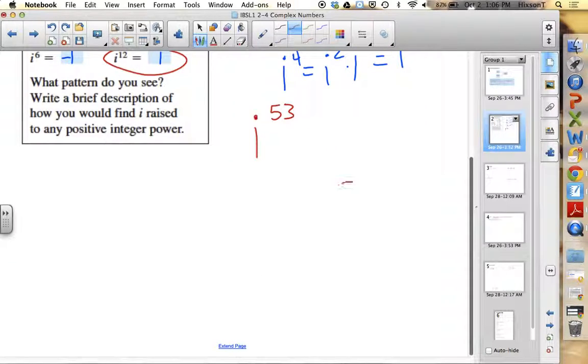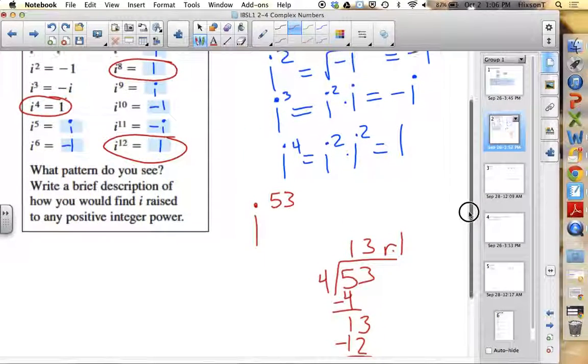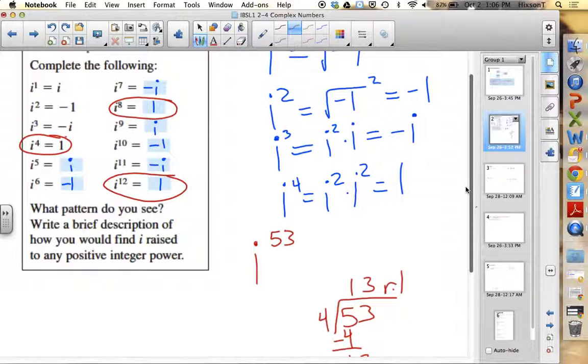We divide the 53 by 4, and it goes in once, subtract, we have 13, goes in 3 times, so we subtract, and we get a remainder of 1. So what good was that? Tells us that it's 1 more. The remainder is our exponent of I, so it's just I.